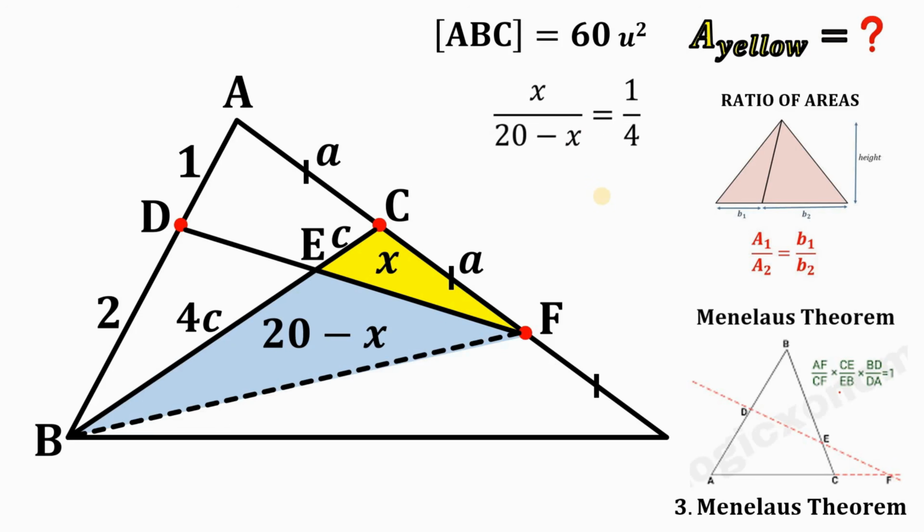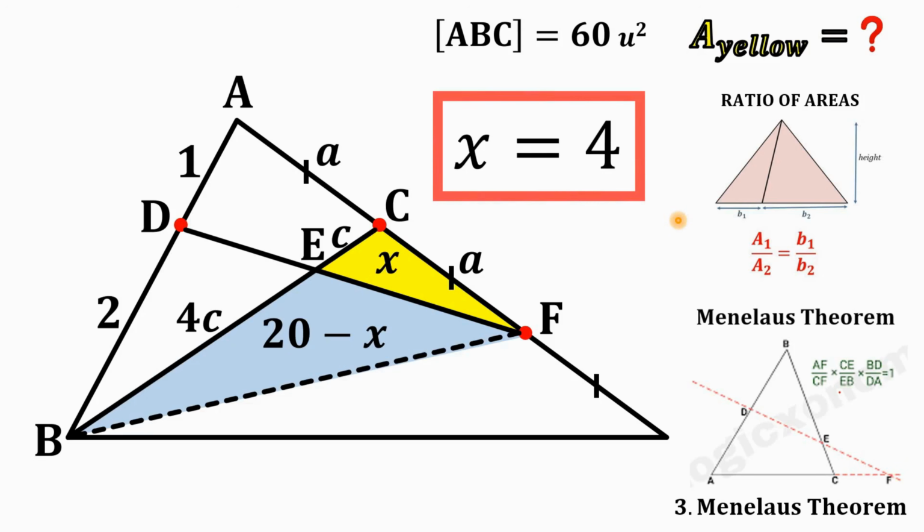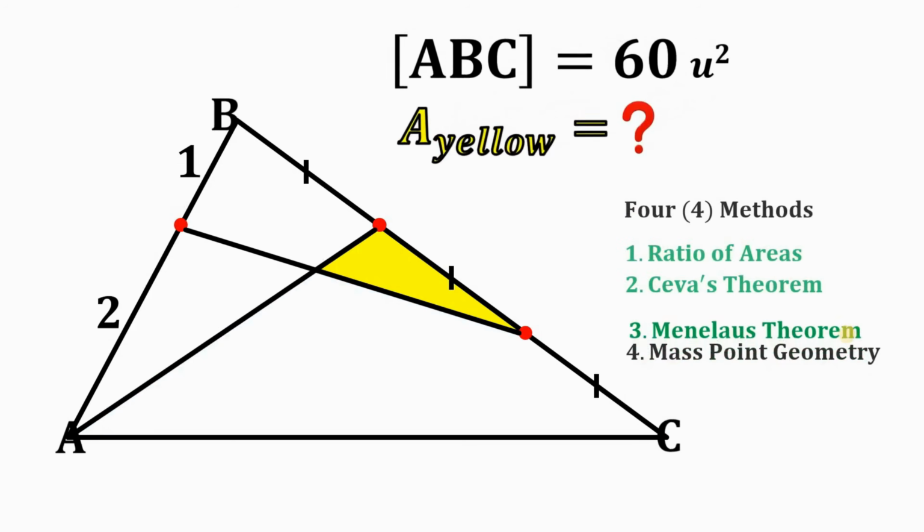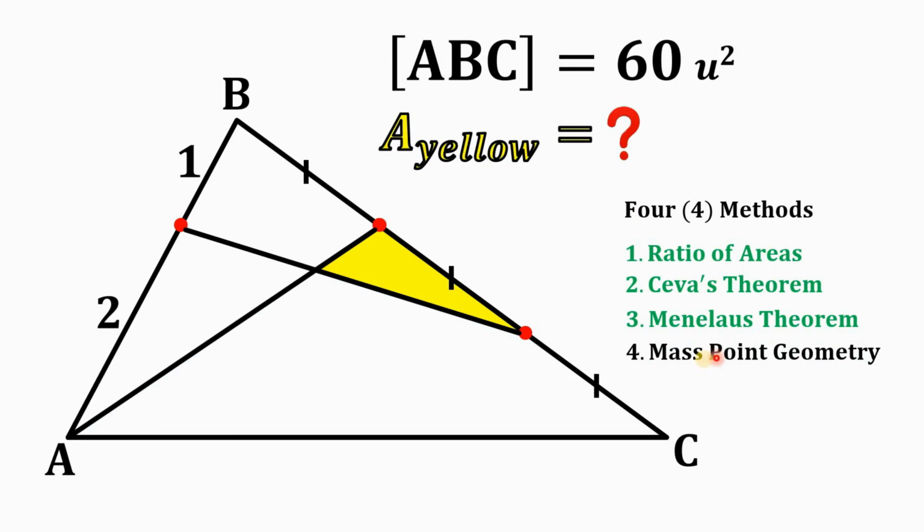Cross multiply, we have here 4x equals 20 minus x. Add x on both sides, then divide both sides by 5. Again, we get that the value of x simply equal to 4 square units. So using the Menelaus theorem, we get also that the area of this yellow triangle is also equal to 4 square units. Now, let's have the effortless solution using the mass point geometry.